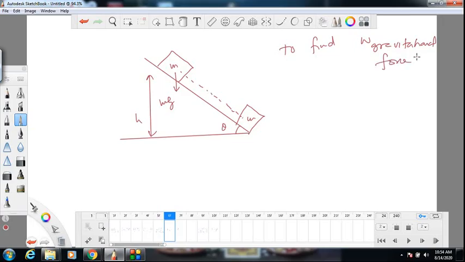Now, for the purpose of this example, because this is happening in your room, gravitational force is taken to be constant because g will not change in the room. It is more or less 9.8. Direction of mg is also vertically down. So you can assume this to be a constant force if the experiment is done in your room.